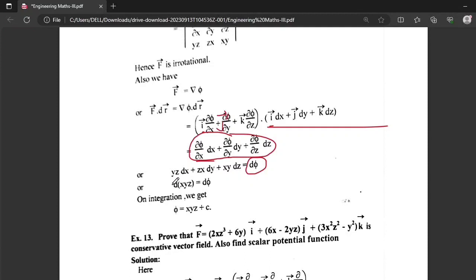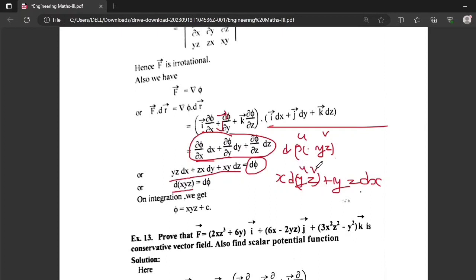Now in the left hand side there is yz dx plus zx dy plus xy dz, and we realize that this is the same thing as d(xyz), because if we expand it, let u be x and v be yz. The derivative of u times v is u times the derivative of v plus v times the derivative of u.